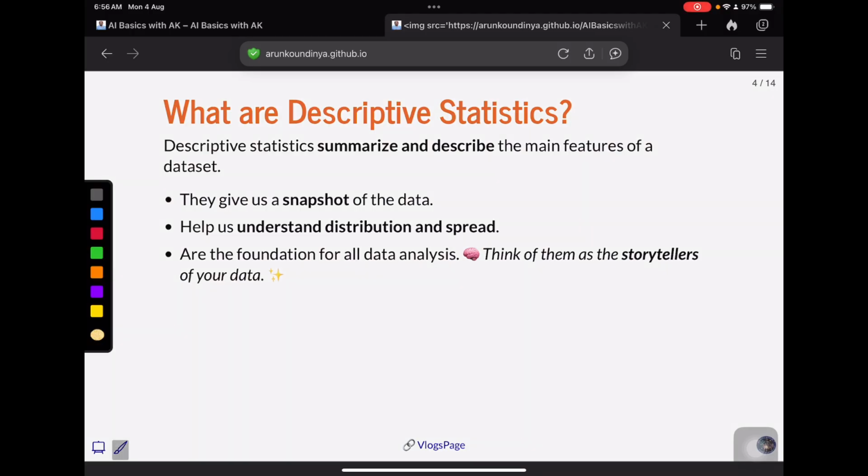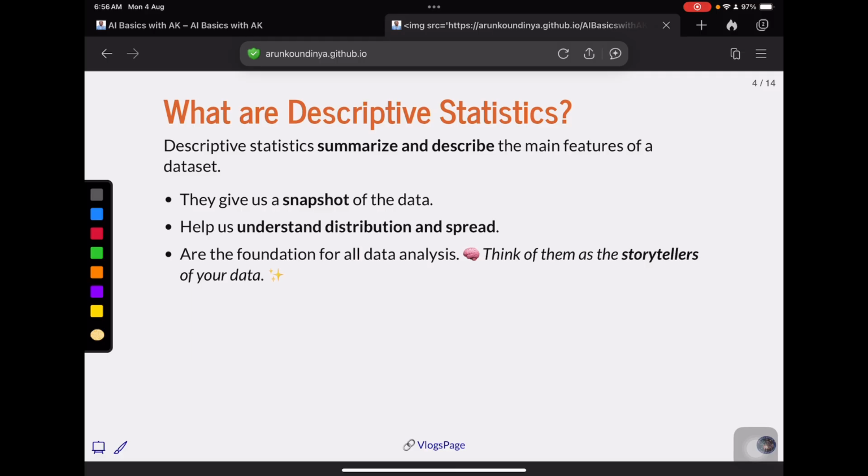Say, for example, let's take the same example that there is a kirana store and it sells milk every day, and we want to summarize and describe some information about that kirana store. We can say, okay, last week it has sold a total of say 26 milk packets.